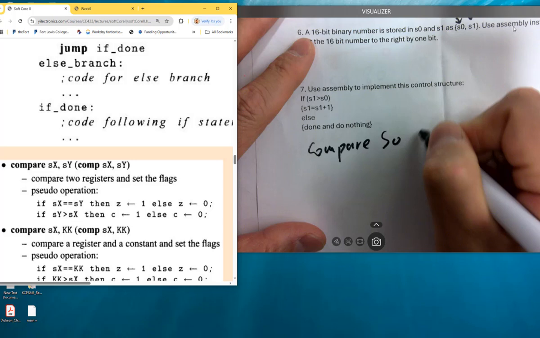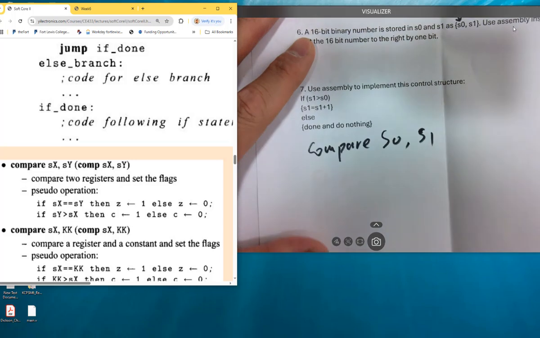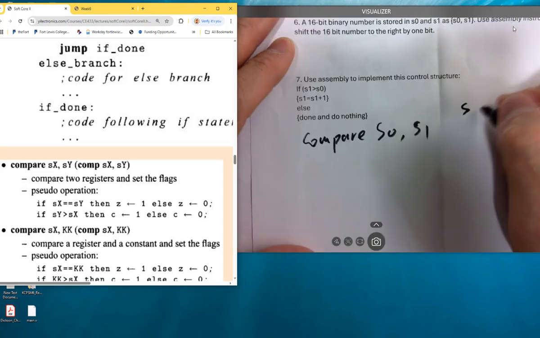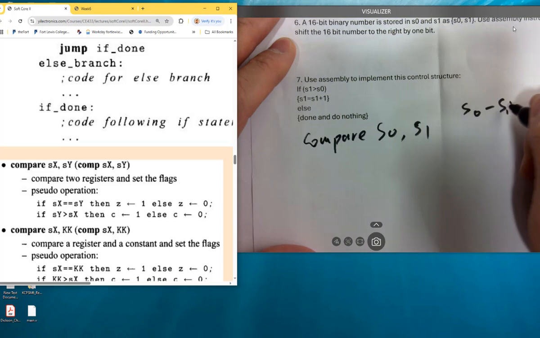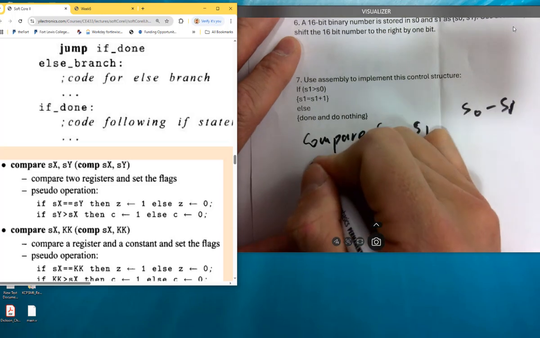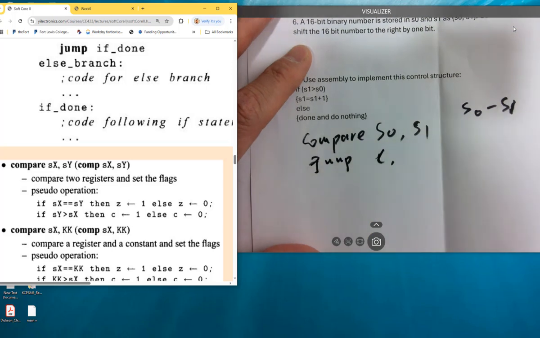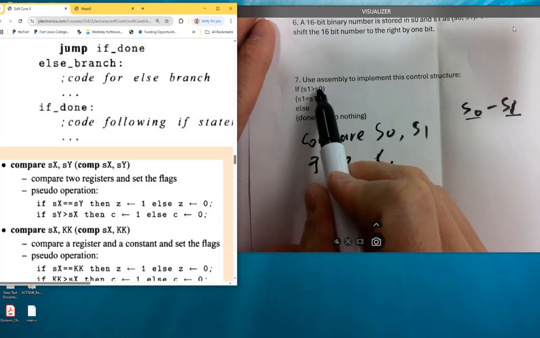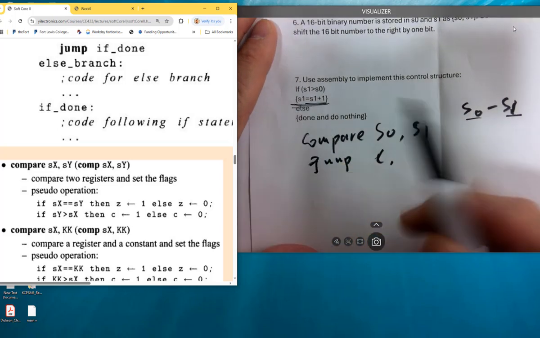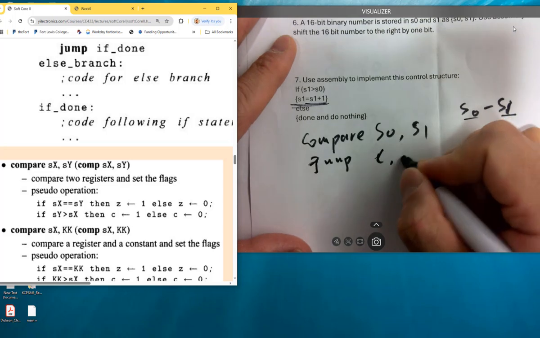Compare S0, comma S1. So it's doing a subtraction, S0 minus S1. If I do a jump C, if it's a 1, it means this is less than this guy. Because if this is less, then do this. If it's less, then jump to where? Jump to do something.